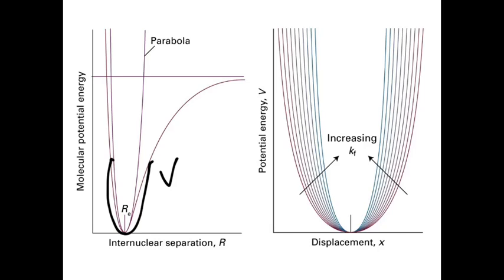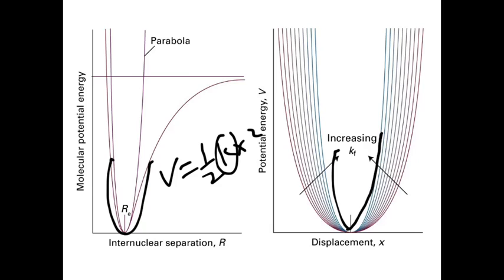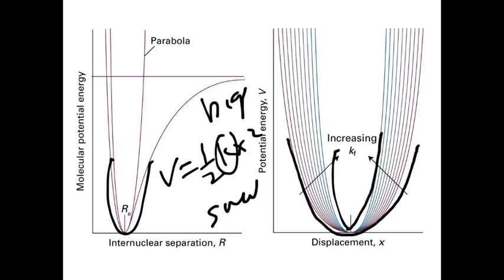Okay? Remember the potential if we have it 1/2 kx squared. If k gets bigger, then this curve goes up faster. And if k is smaller, then you'll have a wider sort of surface in there. Yes? So the bigger k, okay, k is big, it's going to be sharp and narrow. If k is small, it's going to be broad.